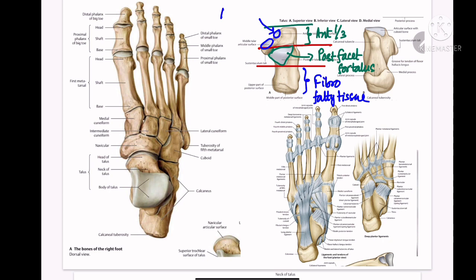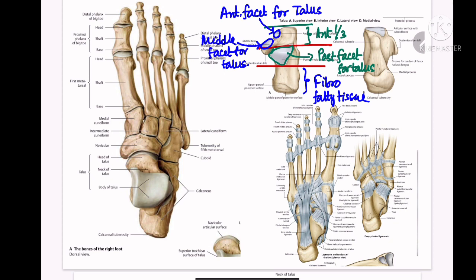Followed by this one, it is called the middle facet for talus. Anterior facet for talus and the middle facet for talus, right?